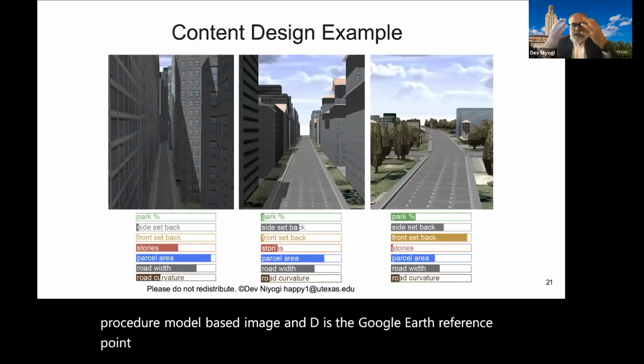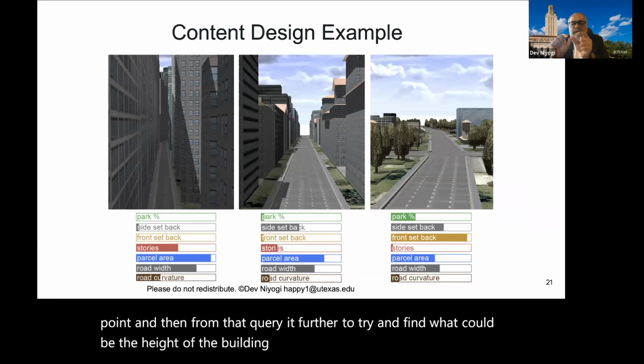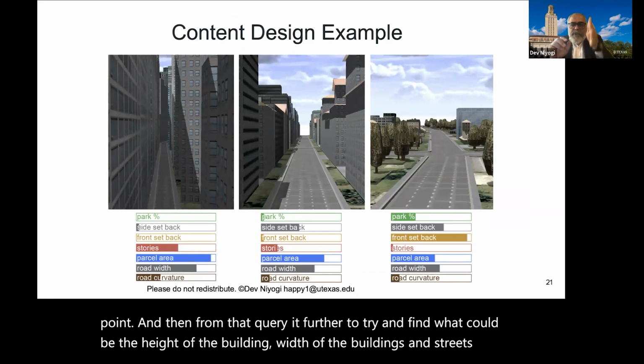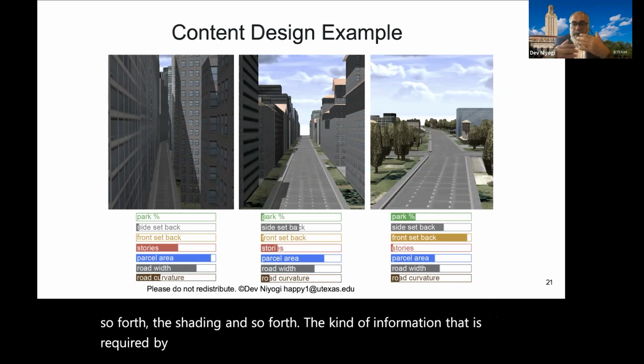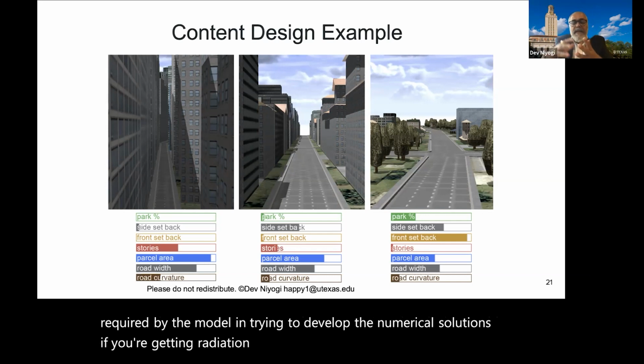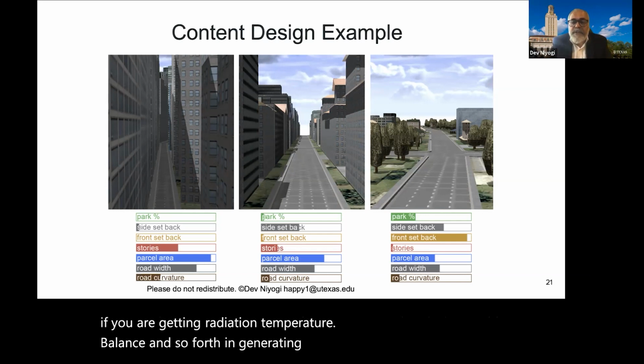And then from that, we query it further to find what the height of the buildings could be, the width of the buildings and streets, the shading and so forth, the kind of information that is required by the model in trying to develop the numerical solutions if you are getting radiation, temperature, balance, and so forth in generating the weather forecast.